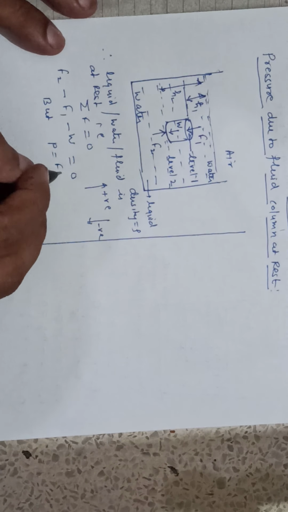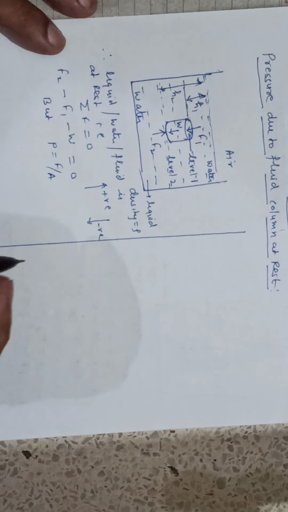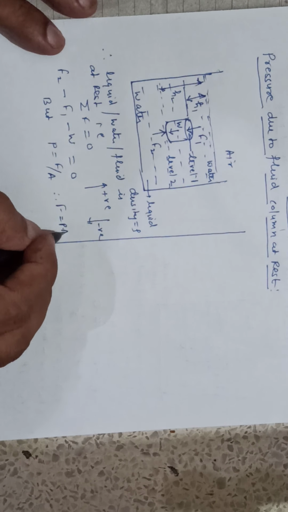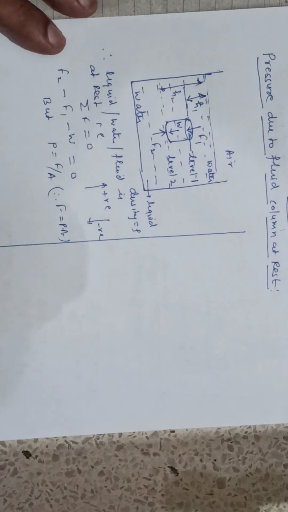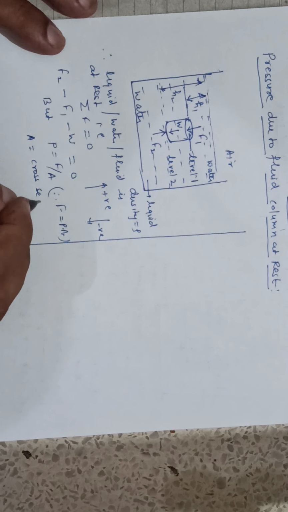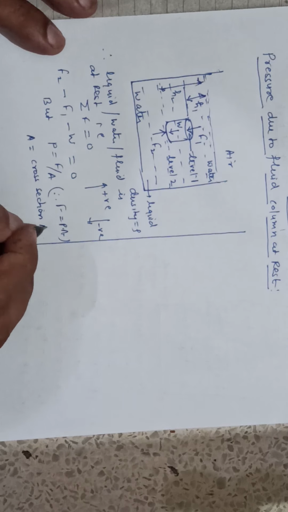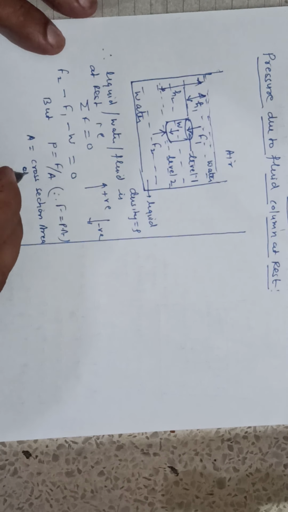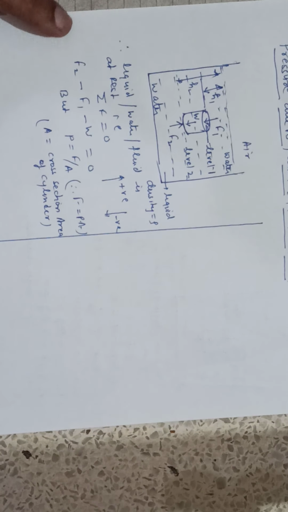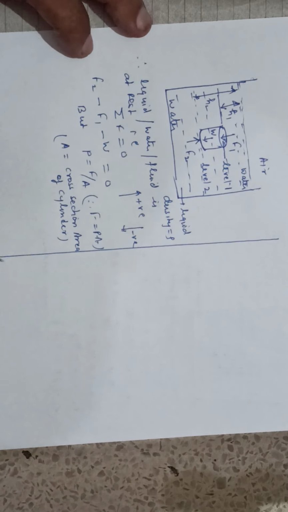But pressure P is equal to force upon area, P = F/A. Therefore F = P into A, where A is the cross-section area of the cylinder, which is the same for both faces.